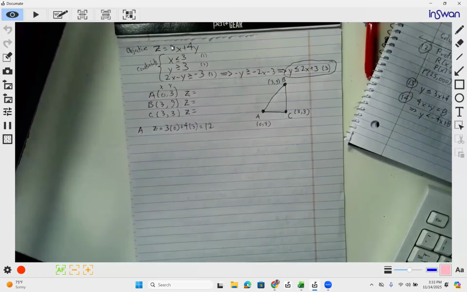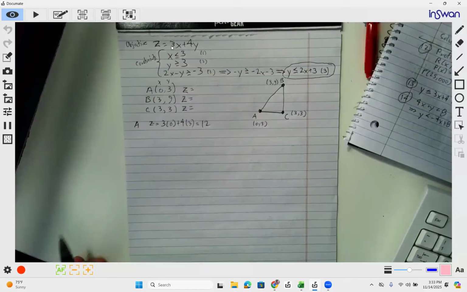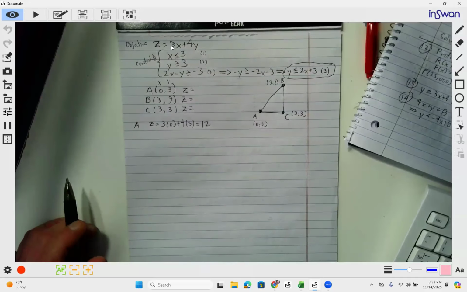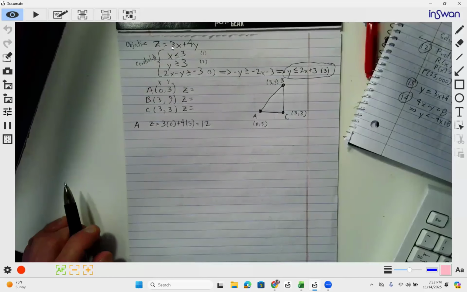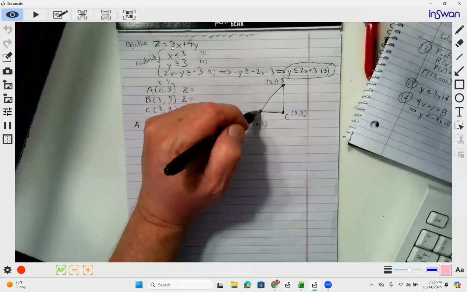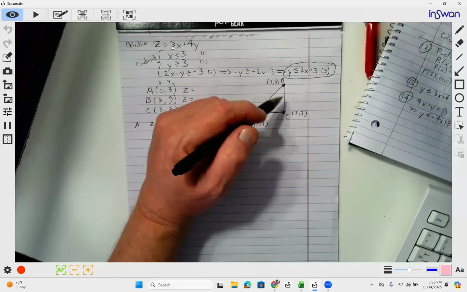It's challenging, right? You're starting with A and going down to find out what the C is. What I'm trying to do is find out what the value of the objective function is for the 3 points that represent the possible places to find a max or a min. These constraints give 3 points, the corners.